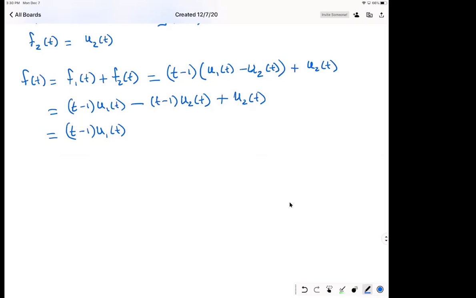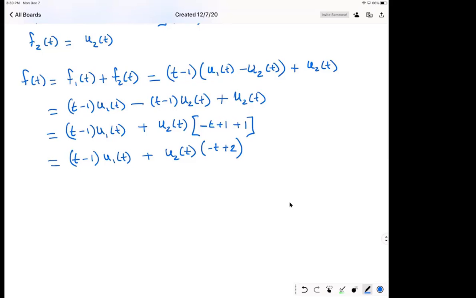Then if I rewrite this where I pull out a u sub 2 from the third term and the fourth term, I would have a minus t plus 1, and then plus 1 left over. So I'll have t minus 1 times u1 of t, plus u2 of t times minus t plus 2.